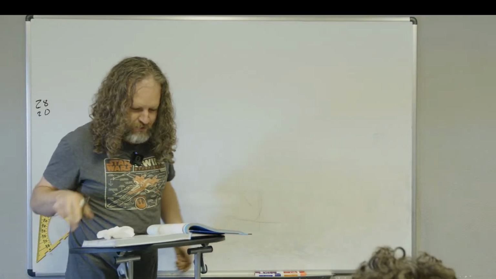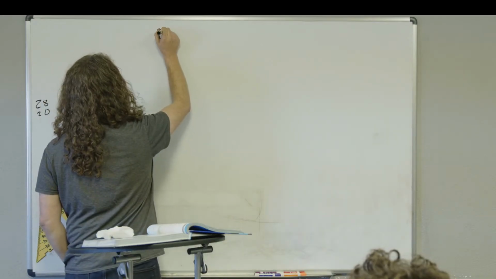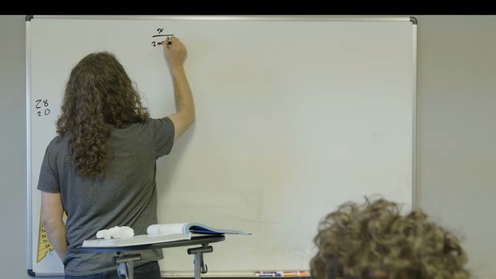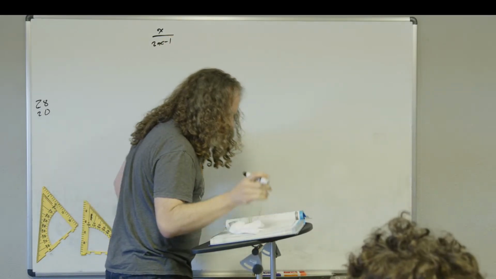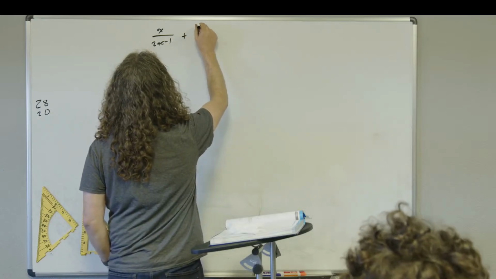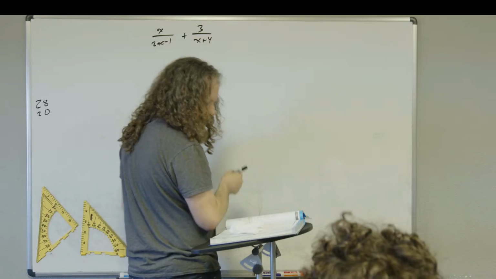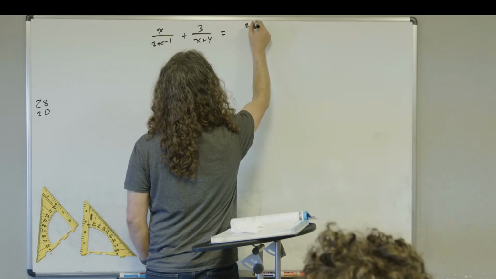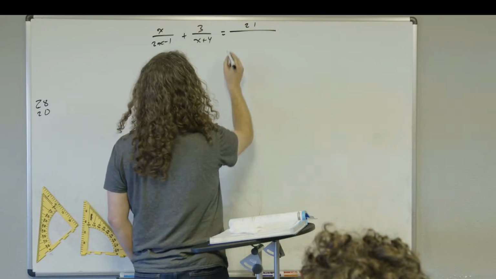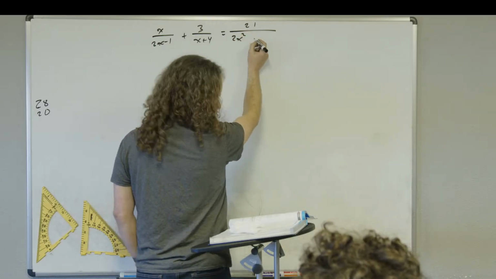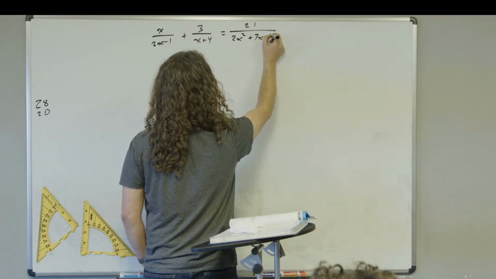All right, numero 20. x over 2x minus 1 plus 3 over x plus 4 equals 21 over 2x squared plus 7x minus 4.